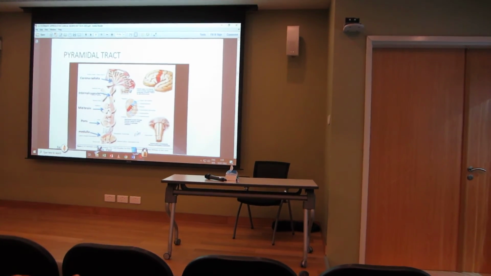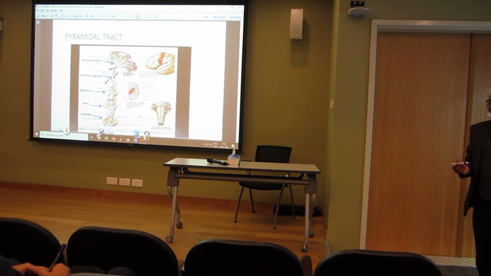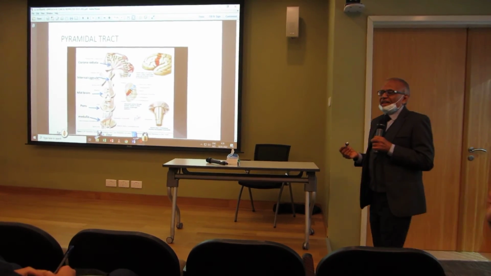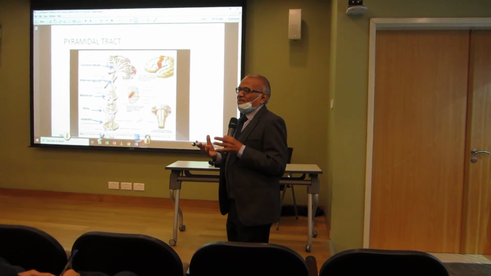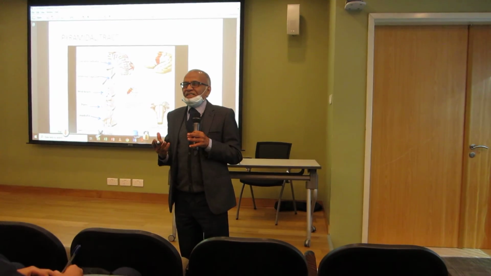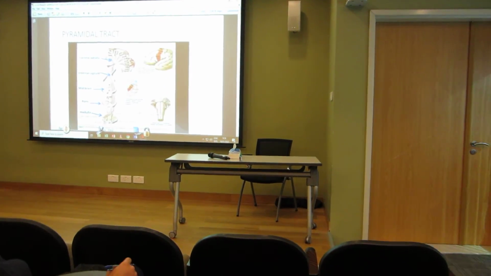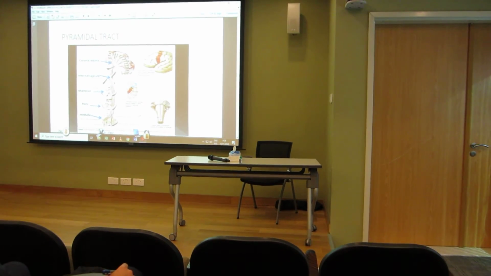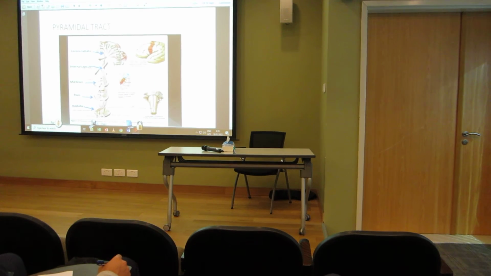This is called the dorsal root ganglion. So the dorsal root ganglion is the collection, the storehouse for the nerve cell bodies, neurons. From this neuron, this fiber has come out, and this fiber will carry this information.